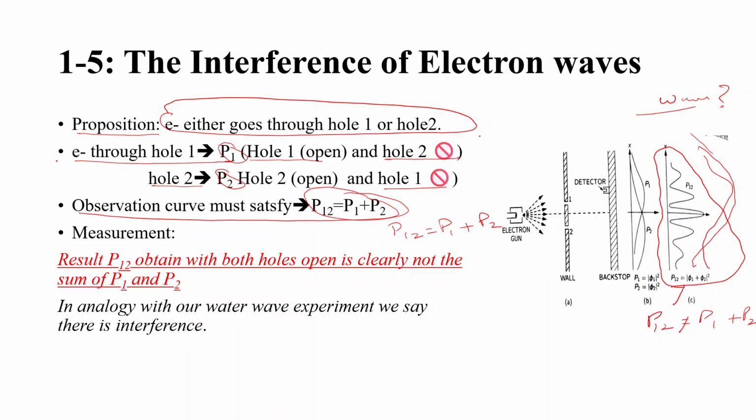So the result P12 obtained with both holes open is clearly not the sum of P1 and P2. So, in analogy with our water wave experiment, which we discussed in our previous video, we say there is interference. But how can we explain it?